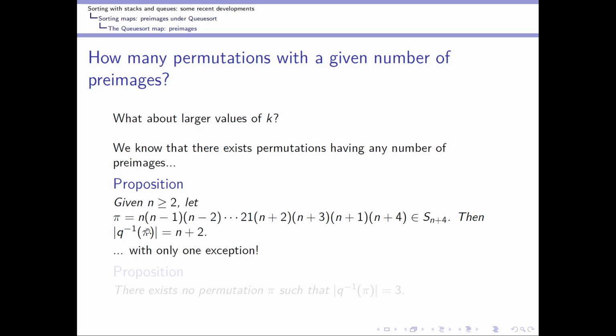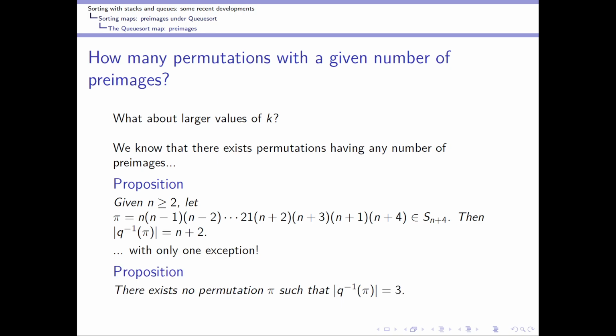So this means that every natural number starting from 4 is an allowed cardinality for the number of preimages of some permutations. Together with what we already know, that there are permutations having cardinalities 0, 1, or 2, we thus have that every natural number is an allowed cardinality for the number of preimages except for 3.